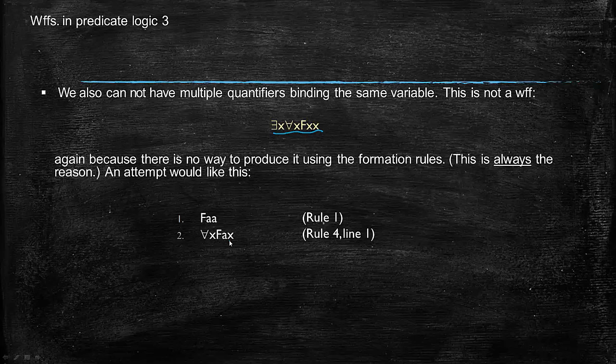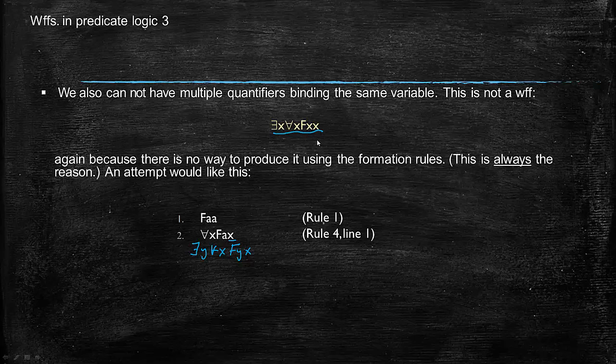There's already an X here. So you could do this: there exists a Y such that for all X, FYX. That would be perfectly fine because Y is a new variable. But you can't make a formula by adding the same variable again.